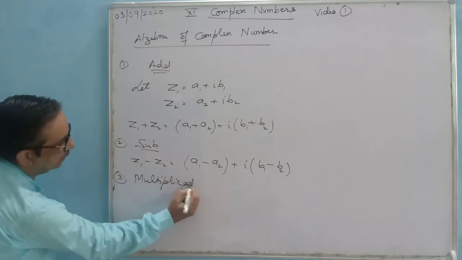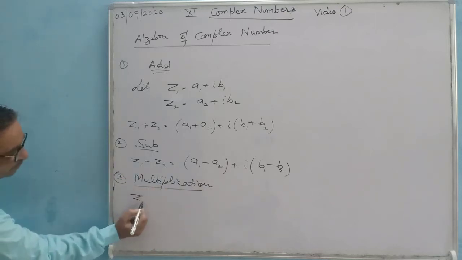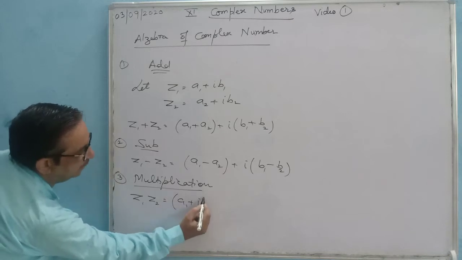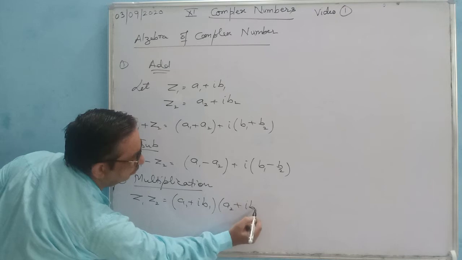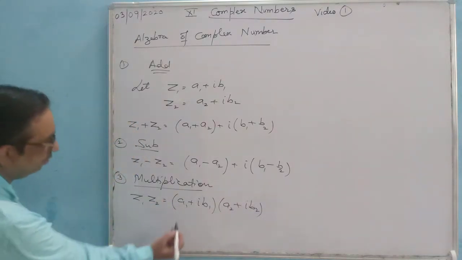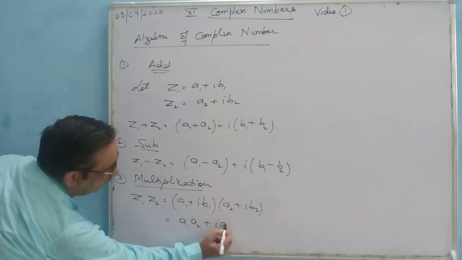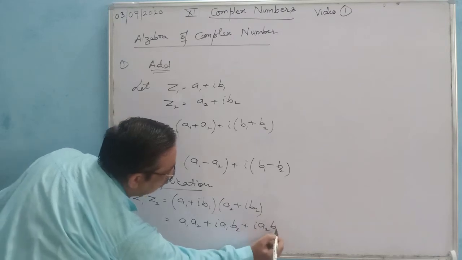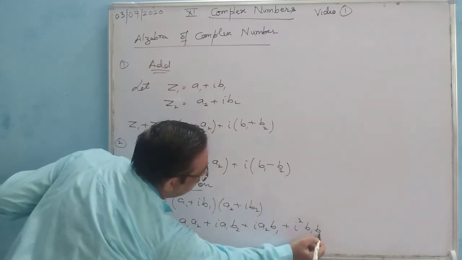In multiplication, Z1 multiplied by Z2, that means in this way, simply first multiply and open: a1 a2, plus i a1 b2, plus i a2 b1, plus i square b1 b2.